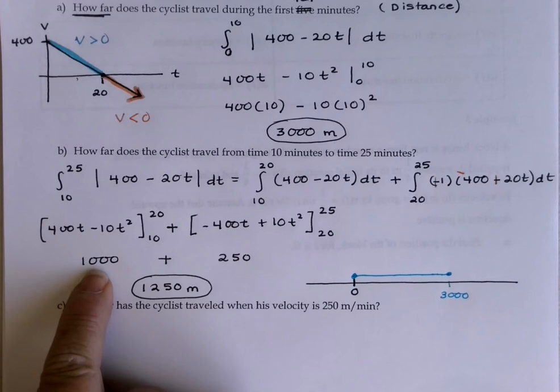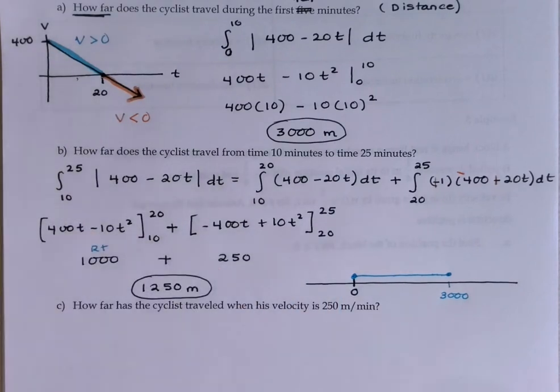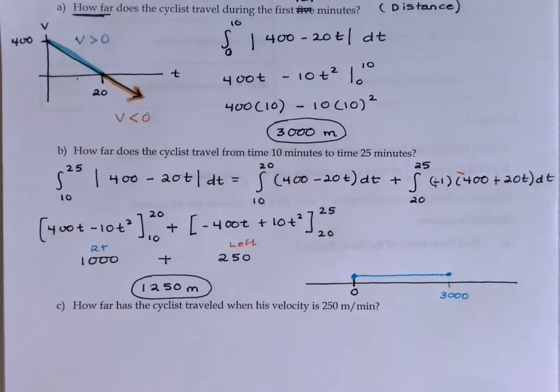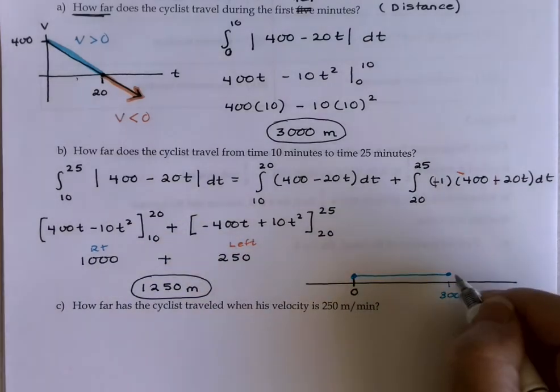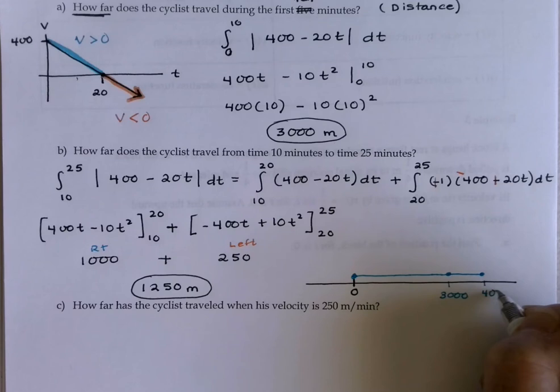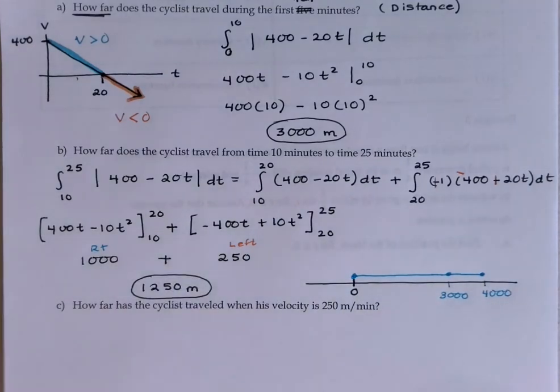And then we actually go another 1,000 to the right, right? This one it was positive, this is to the right. This one came from the negative velocity, this one was to the left. So another 1,000 to the right before we turn around and come back 250 to the left.